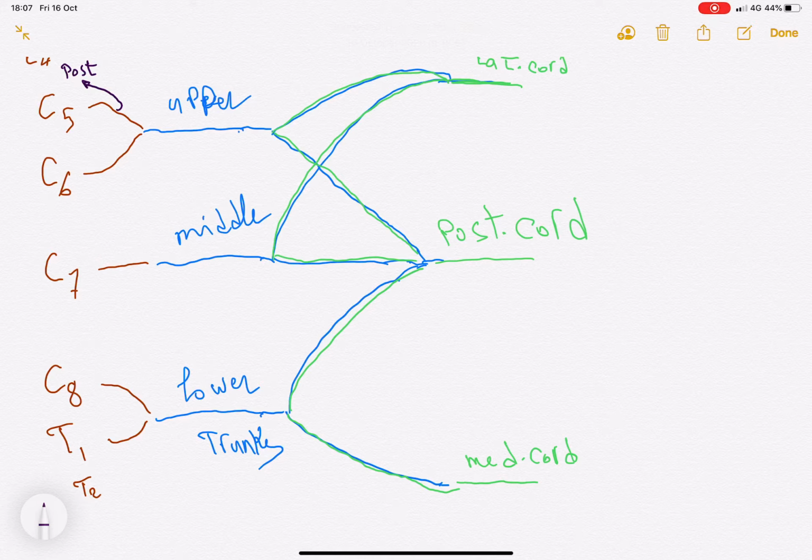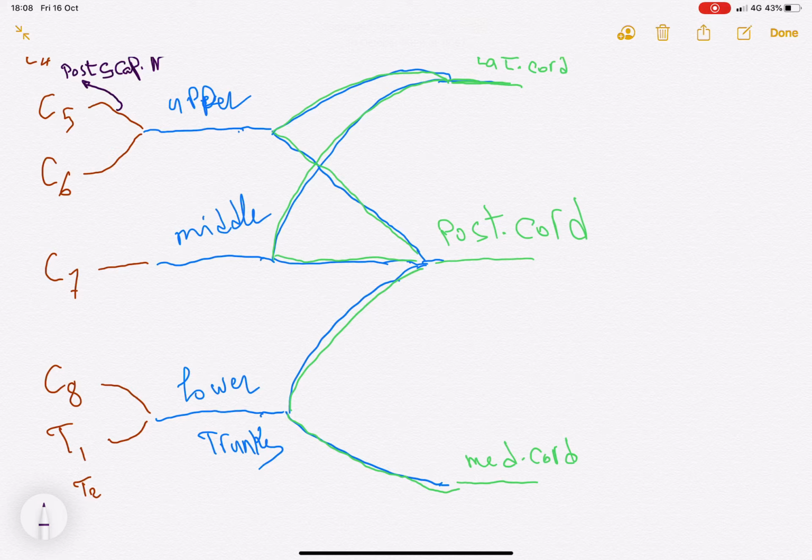Since this is very proximal, at the origin of the brachial plexus, so close to the scapula, this is the posterior scapular nerve.